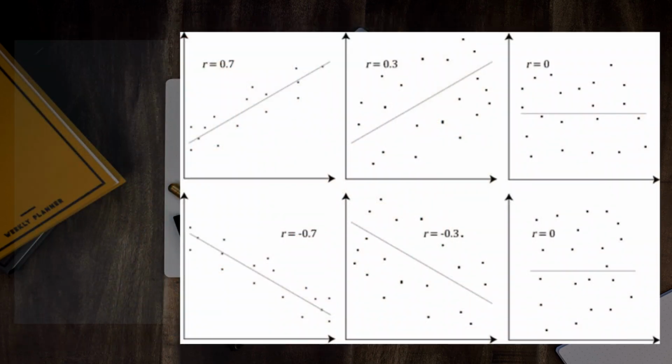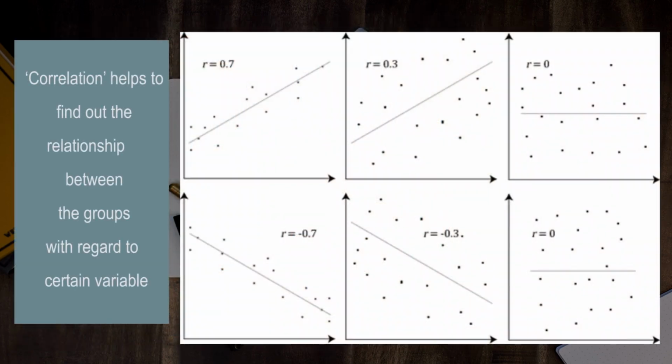And further, we can also use statistics like correlation, which helps to find out the relationship between the groups with regard to certain variables. So here, if you want to know the relationship between two groups so far as a certain variable is concerned, just like if I take the example of achievement, and we have two groups, one group is the boys and the other group is the girls, we can find out the correlation between boys and girls so far as the achievement variable is concerned.